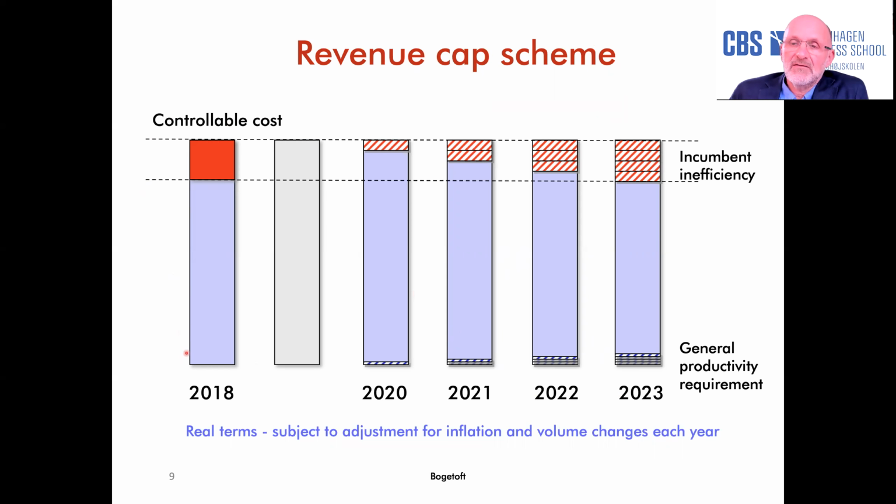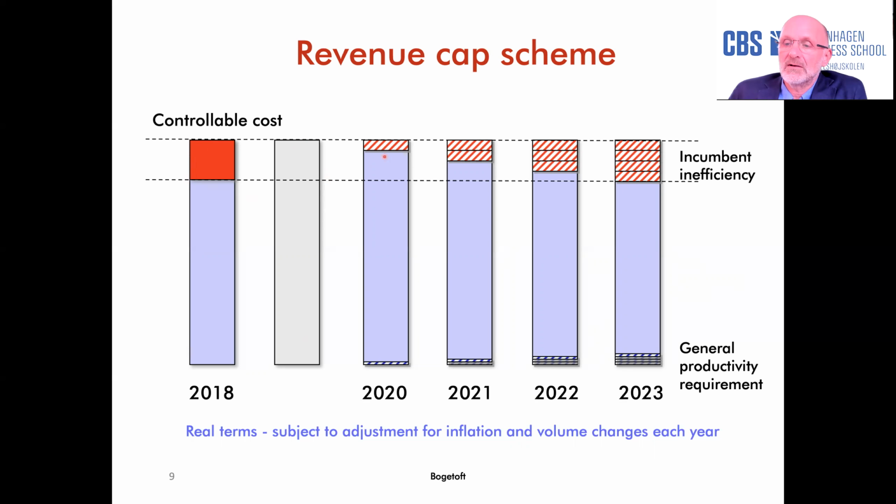And what we have identified is that there's this red part of the bar, that's the incumbent inefficiency. So right now, my company has too high costs. And the objective of the regulator is to get rid of this incumbent inefficiency. So he's going to do some analysis of this situation, and then he's going to announce, maybe in 2019, what is going to happen.